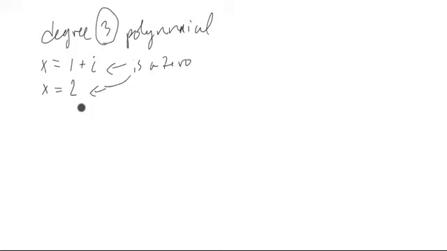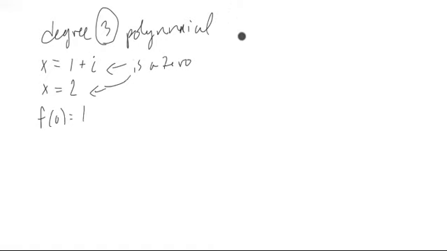And maybe we have another condition. Maybe we know something like, for this polynomial, that f of 0 is equal to 1. Okay, then the question is, can we write down what this polynomial would be?